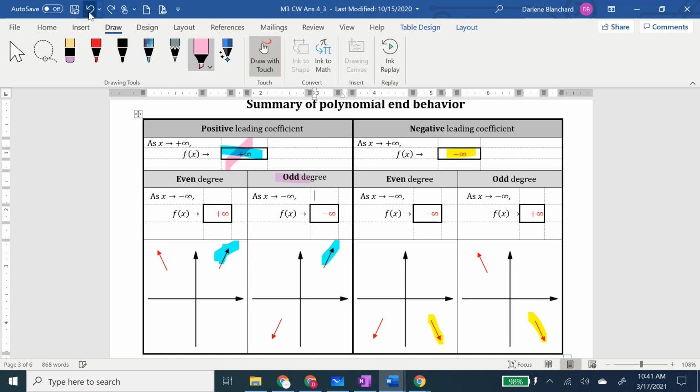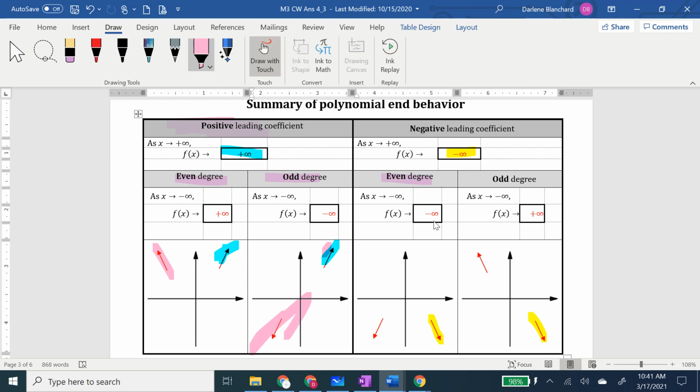I'm trying to go back a little bit so I can't have too many highlights or it'll get confusing. So, positive leading coefficient, even degree, right end up, left end, same. Positive leading coefficient, odd degree, right end up, left end opposite. Then over here, negative leading coefficient gives you that the right is heading down.